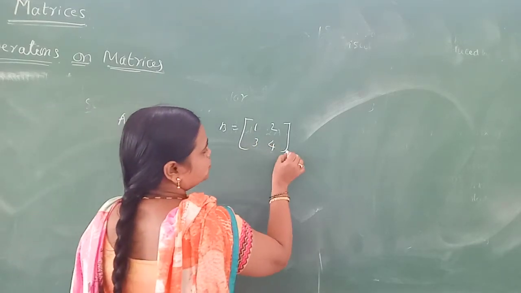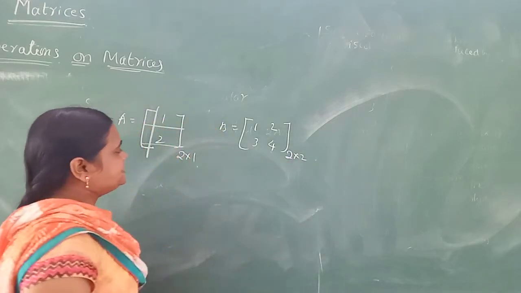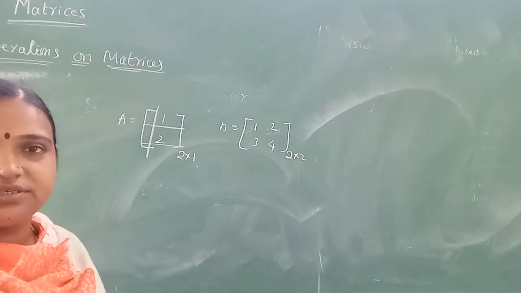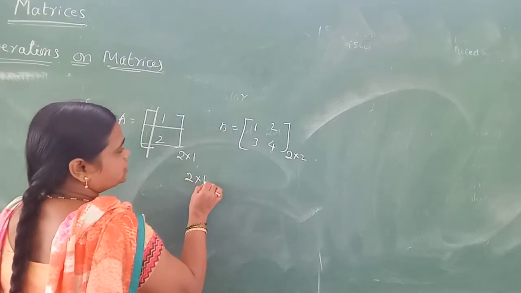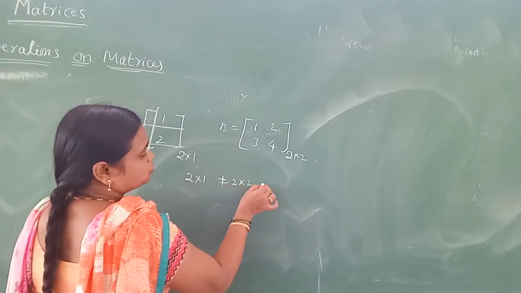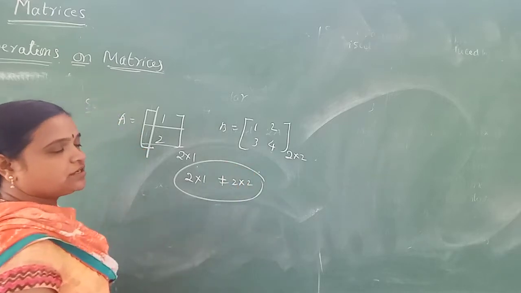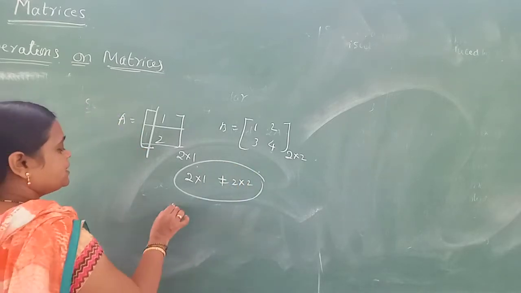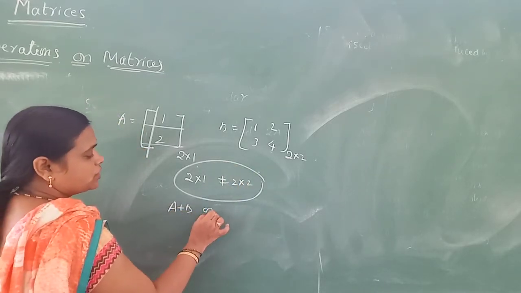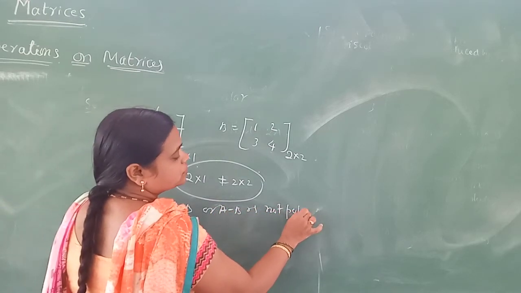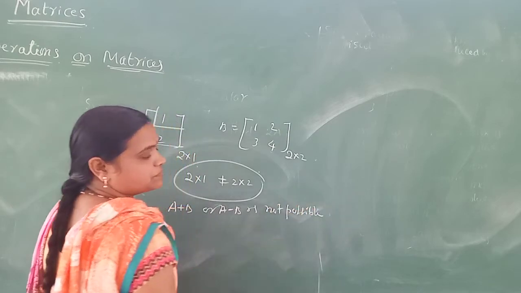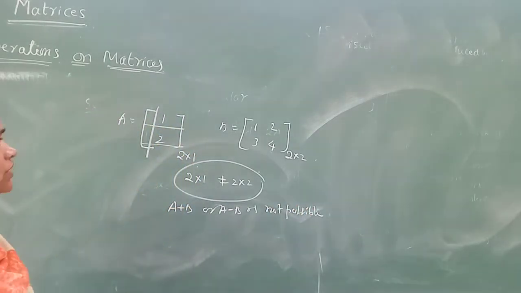Here 2 rows, 2 columns, 2 into 2. Is it the same order? 2 cross 1 is not equal to 2 cross 2. Remember, if they are not of the same order, then A plus B or A minus B is not possible.